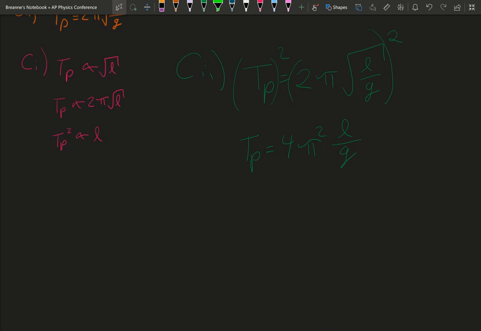I'm going to let you know we're going to pull out L, so we're going to divide both sides by L. So we're left with period squared over length equals 4 pi squared divided by g.